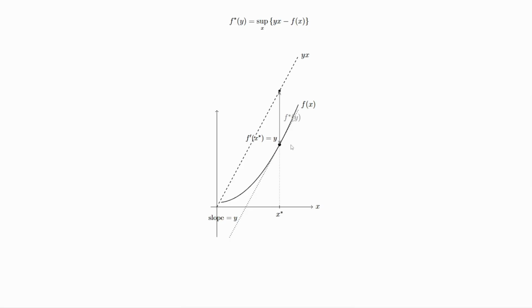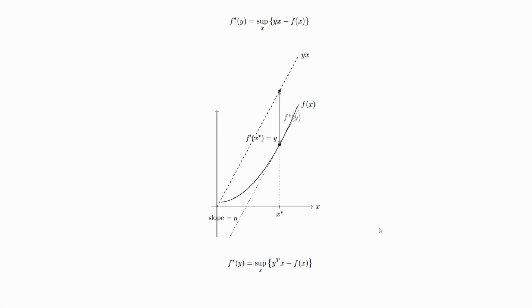There's also one immediate consequence of this definition that I want to mention before I do any examples, because it's important and also remarkable. f star is always convex, no matter what f is. f can be super messy, but f star is always going to be convex.